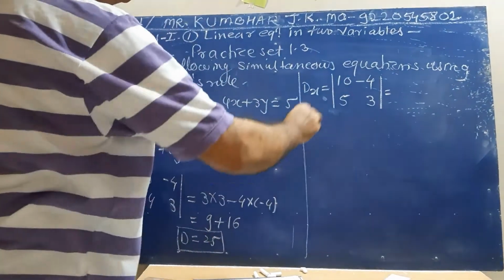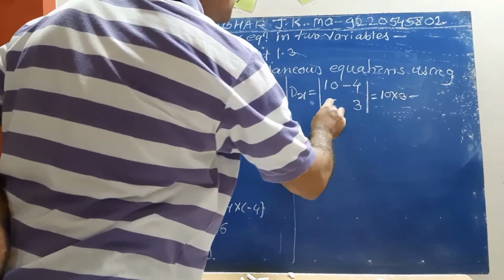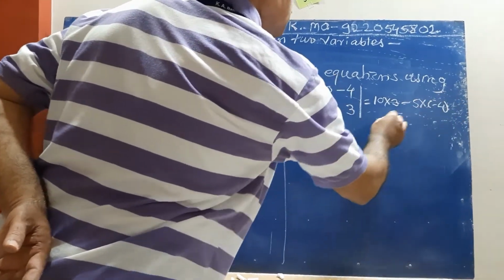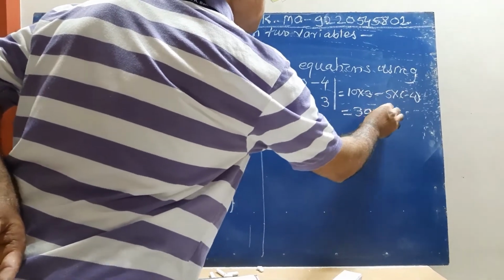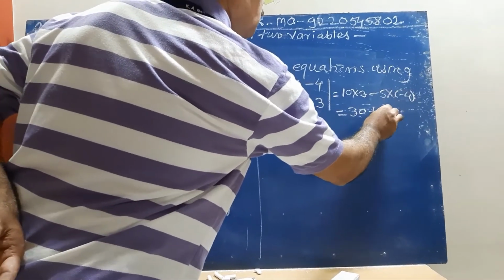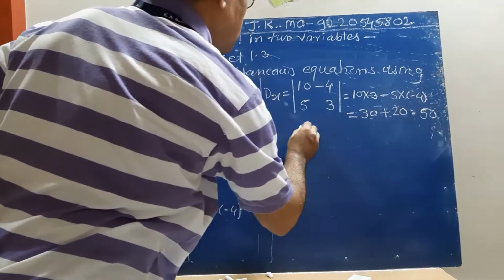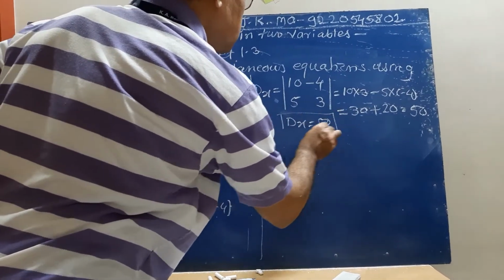This is equal to 10 into 3 minus 5 into minus 4, which is 30. Again minus becomes plus, 5 fours are 20, so it is equal to 50, which means Dx is equal to 50.